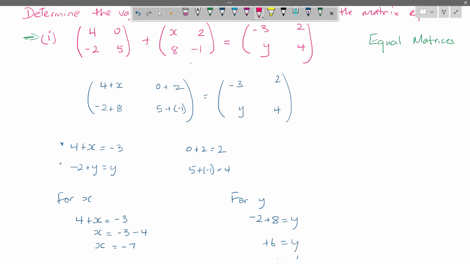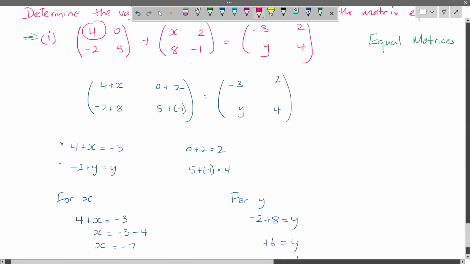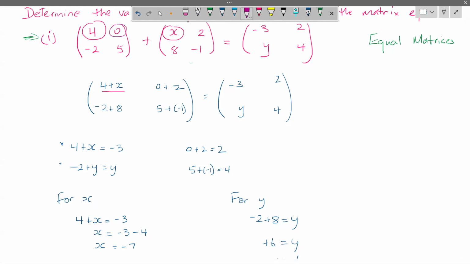So what are we doing? 4 plus x, that's how we get this. 0 plus 2, that's how we get this. -2 plus 8 is how we get this. 5 plus -1 is how we get this. We're rewriting this matrix underneath here. Give me a thumbs up if you're okay up until that point.